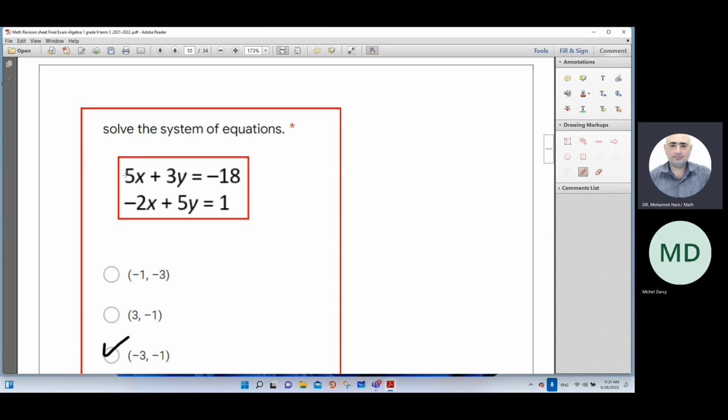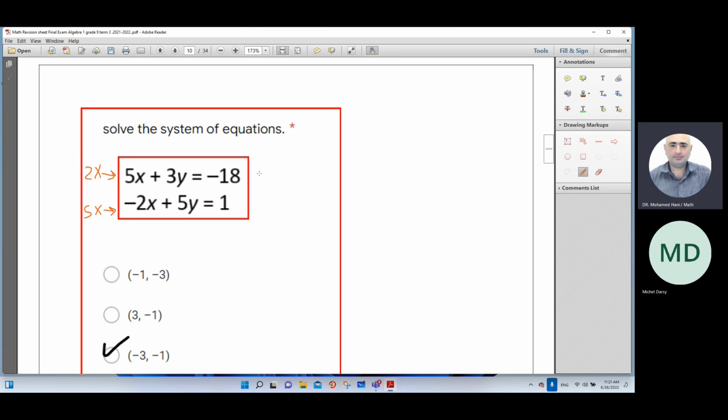So take 5 from the first equation and multiply by the second equation. Then take the opposite coefficient here. Here you have -2, the opposite will be 2. Then multiply by the first equation.